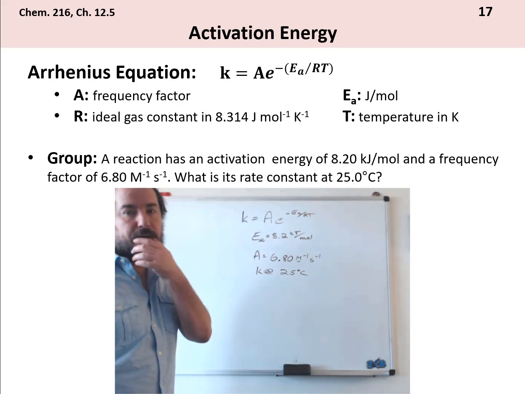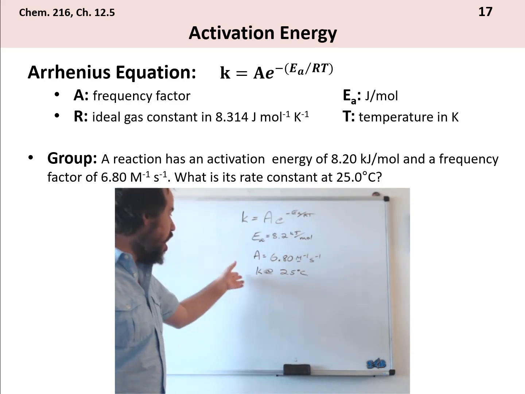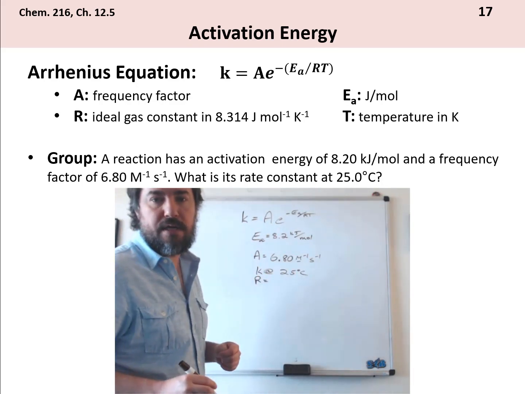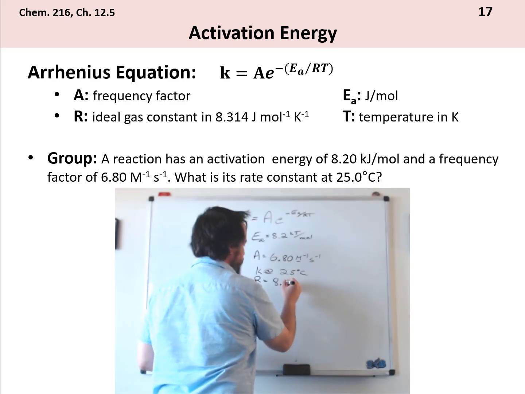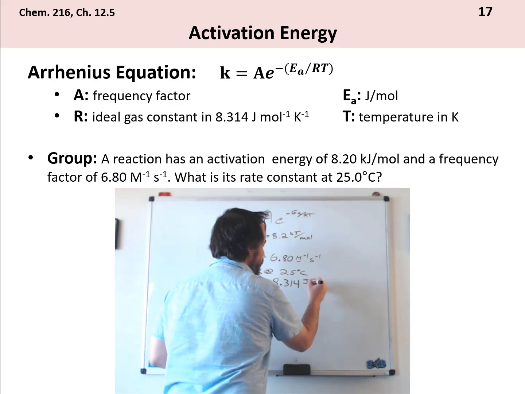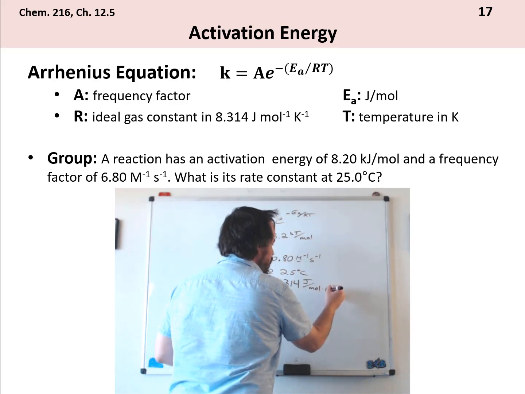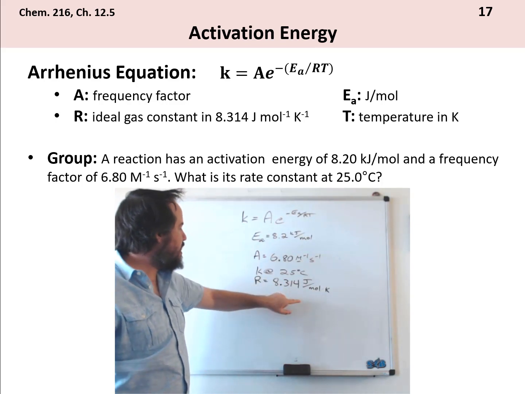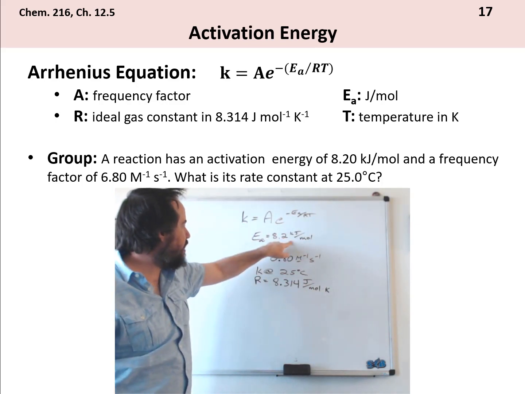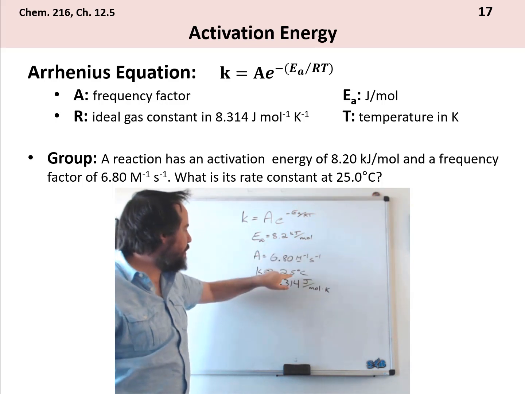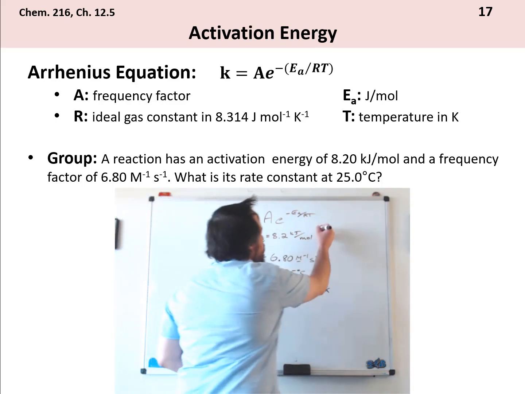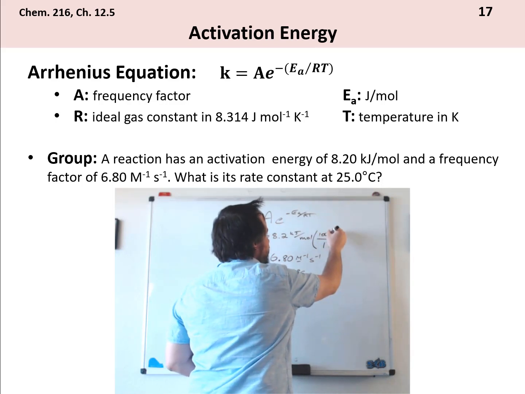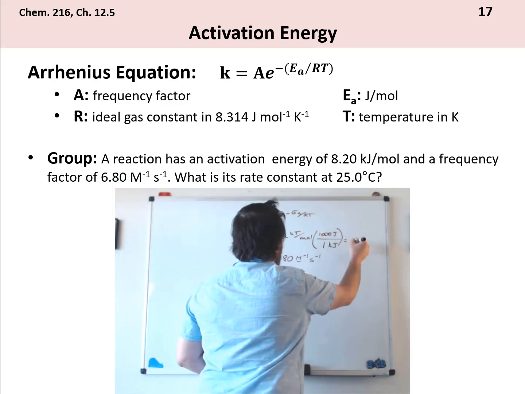Okay. Notice that R is in 8.314 joules per mole K. So seeing that I'm using R with joules per mole K, that means I better have Ea in joules, and I better have temperature in Kelvin, okay? So I told you at the very beginning, you're going to get tired of converting from kilojoules to joules.